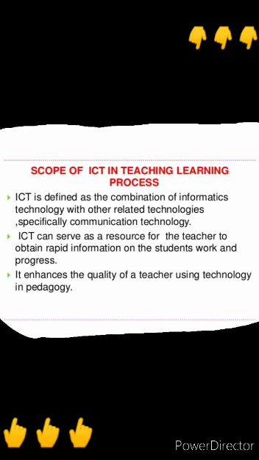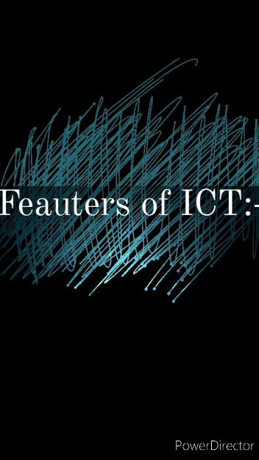The first point is ICT is defined as the combination of informatics technology with other related technologies, specifically communication technology. The second point is ICT can serve as a resource for the teacher to obtain rapid information on the student's work and progress. And the last point is it enhances the quality of a teacher using technology in pedagogy.